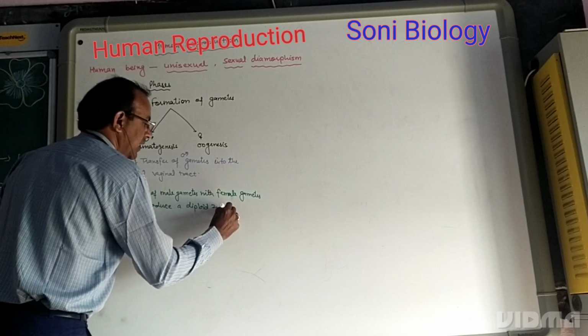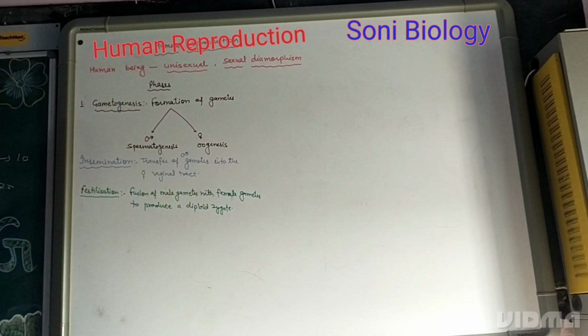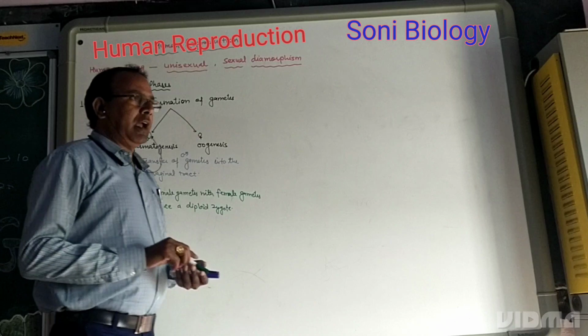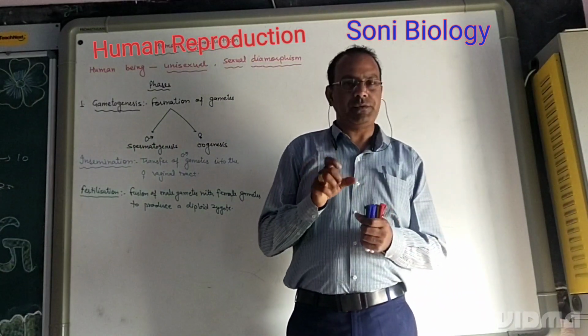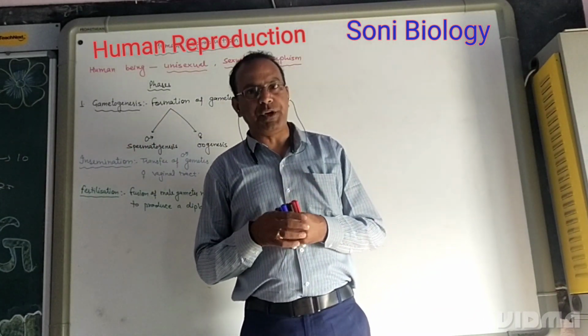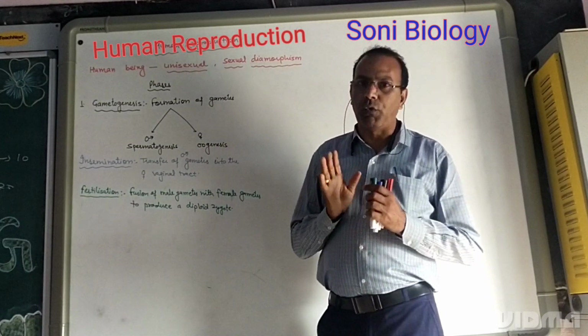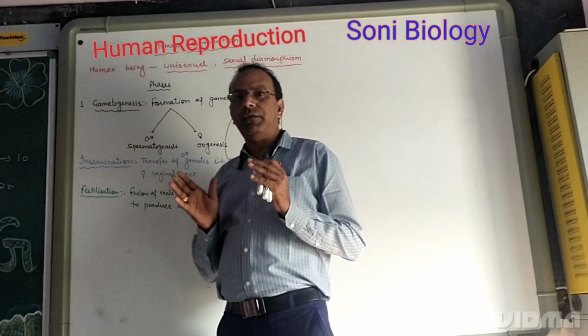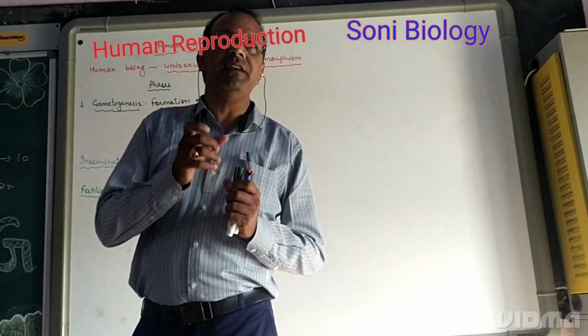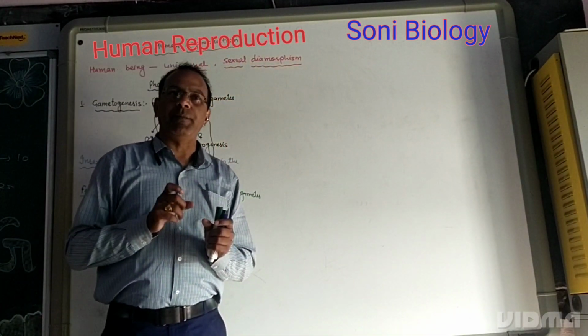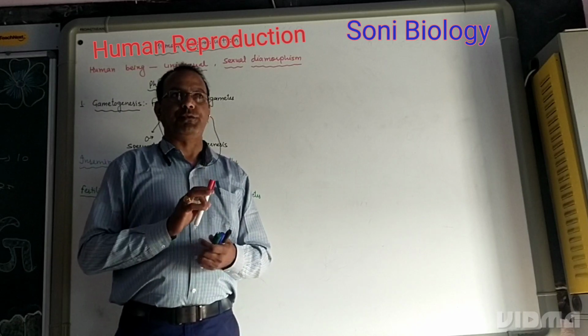This process is known as fertilization. Fertilization occurs in the fallopian tube in the female body. The fallopian tube is also known as the oviduct. The junction where fertilization takes place is the junction between the isthmus and ampulla part of the fallopian tube.